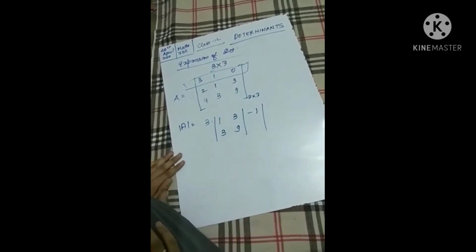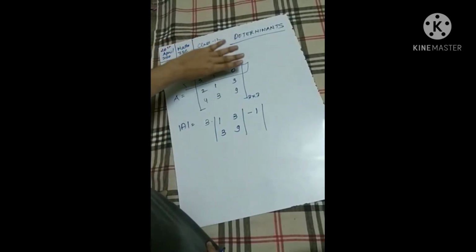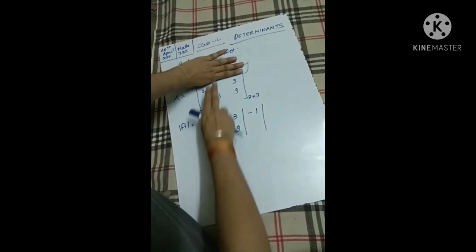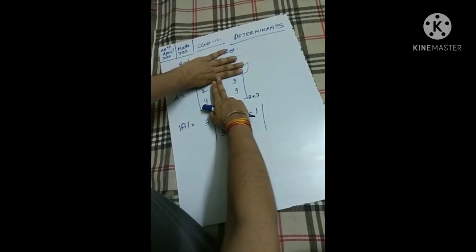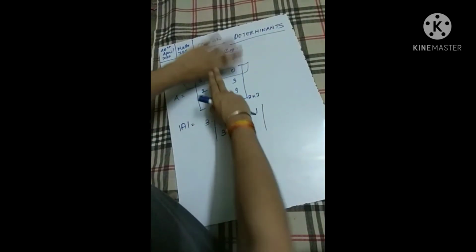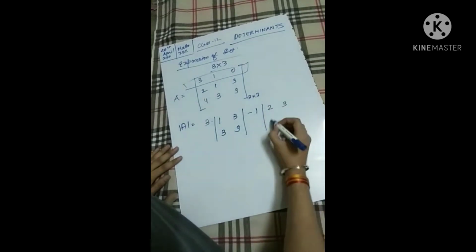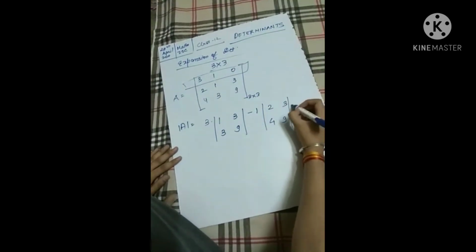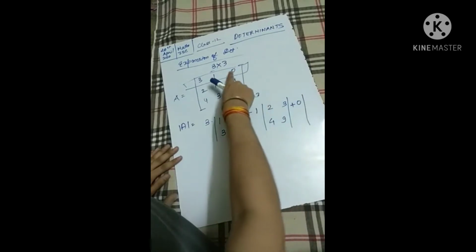Then determinant, for this one, what you have to do, you have to skip this row and this column. So you're left with 2 3 4 9. So write 2 3 4 9 plus 0 0.